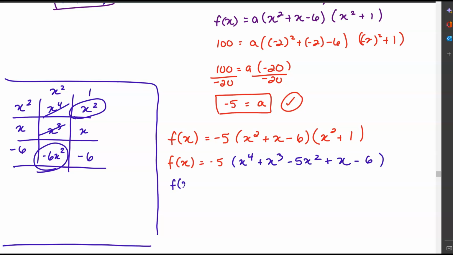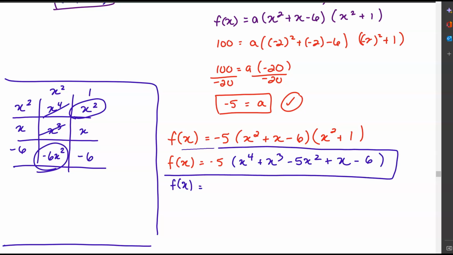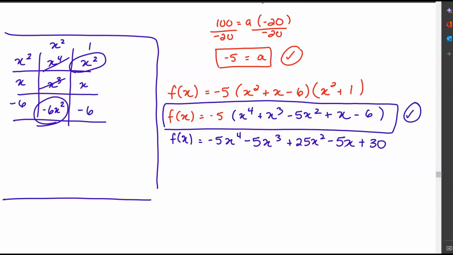Feel free, if you want to multiply out the negative 5, you can, but this is sufficient as our polynomial. If you want to multiply that 5 out, you could. Either one of those is fine.